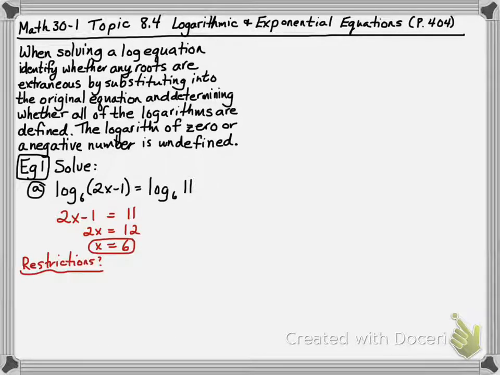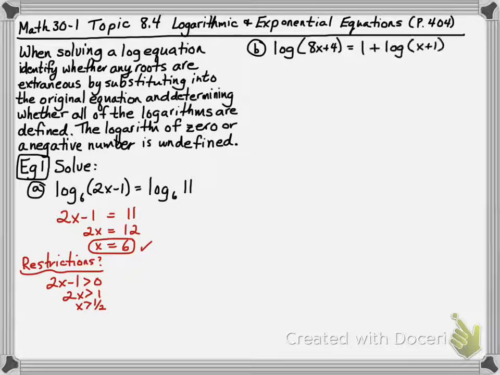What are the restrictions? The 2x minus 1 has to be greater than 0, so 2x has to be greater than 1, and x has to be greater than 1/2. Our answer is 6. It meets that restriction, so therefore the answer is sufficient.